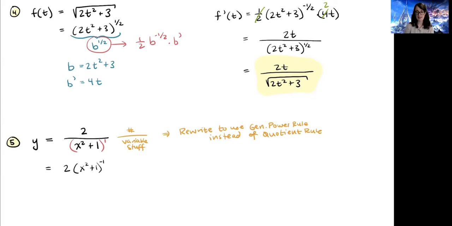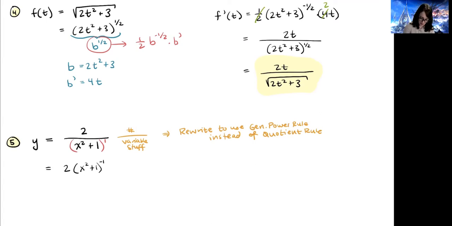And now we can see that this has the format of something that we can use the general power rule on. I think this is really cool. It's much simpler, again, in my opinion, than using the quotient rule. You'll encounter a lot fewer algebra steps to simplify if you just take this little step to rewrite instead.